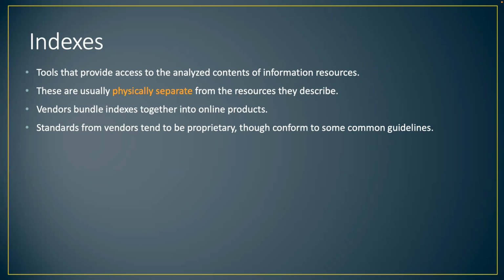Because when we think about Web of Science, it is basically an index of all the publications based on all the different metadata elements. And so a lot of these indexes are proprietary and following standards from the vendors, but they still conform to some common guidelines. We can still use them based on some consistent rules.